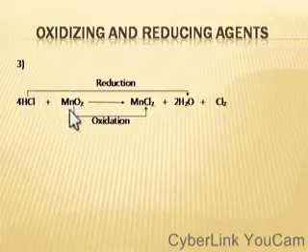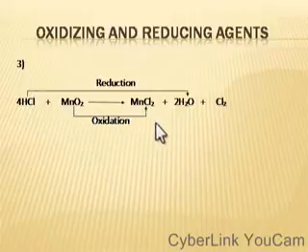On the other hand, manganese 4, which is an oxidizing agent, accepts the electrons and becomes reduced from manganese 4 to manganese 2. So hydrogen chloride there is behaving as a reducing agent, while manganese 4 is behaving as what? As an oxidizing agent. So that is that.